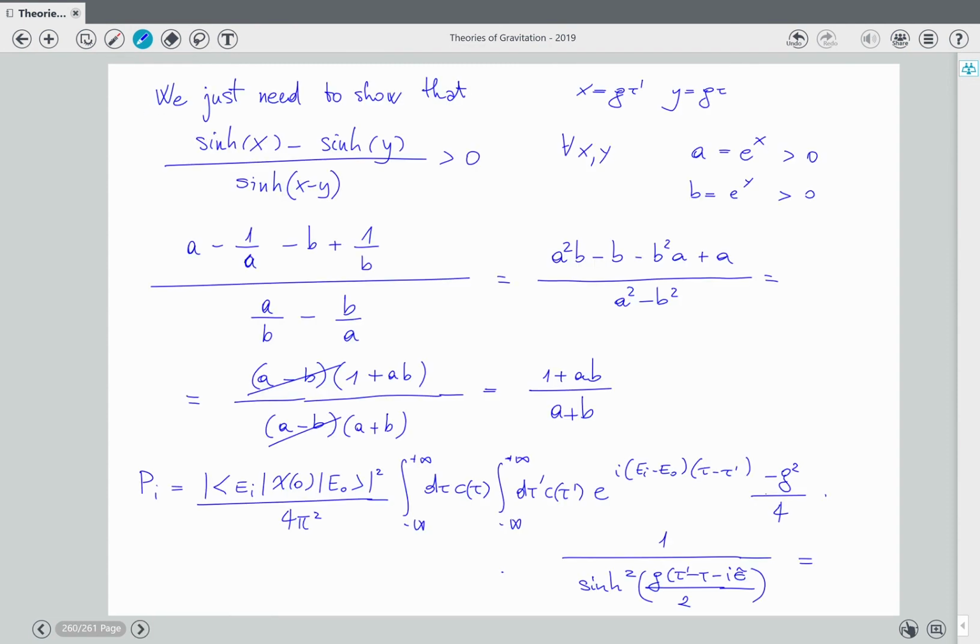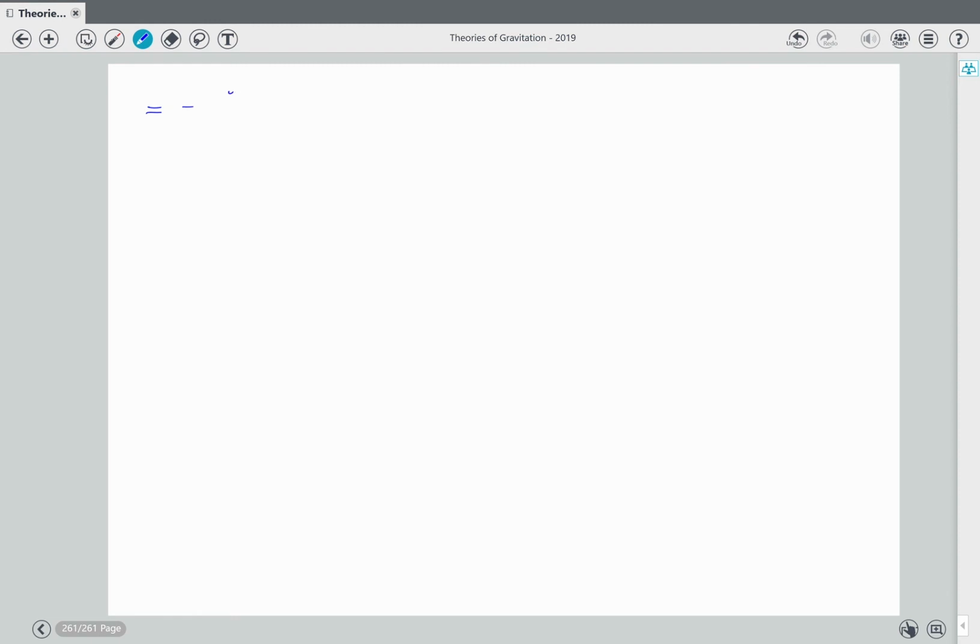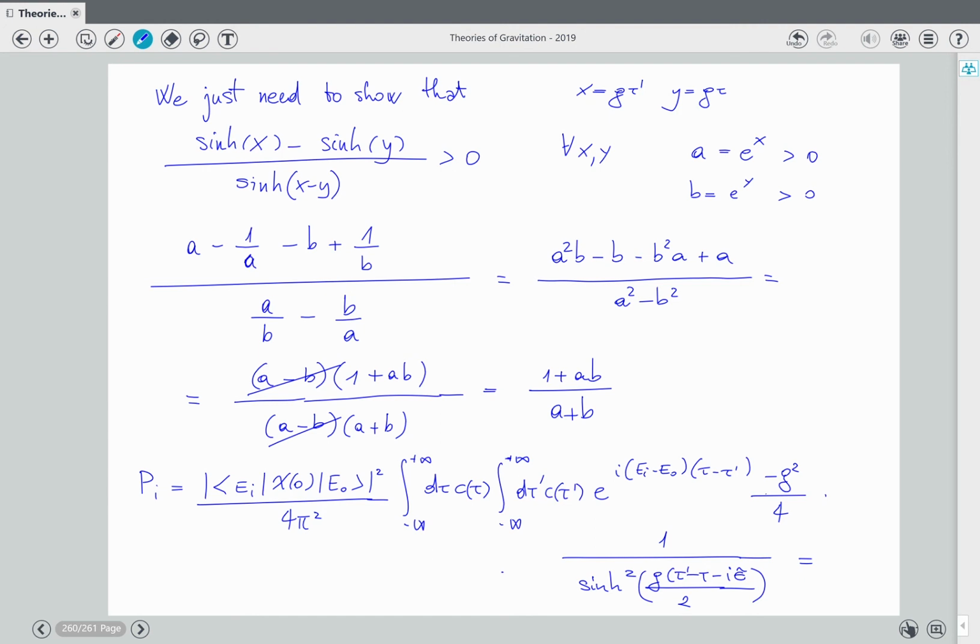Anyway, minus g squared omega. Now there is 16 pi squared, so 4 pi squared. And then again, u will be tau minus tau prime. This factor in front is always the same.